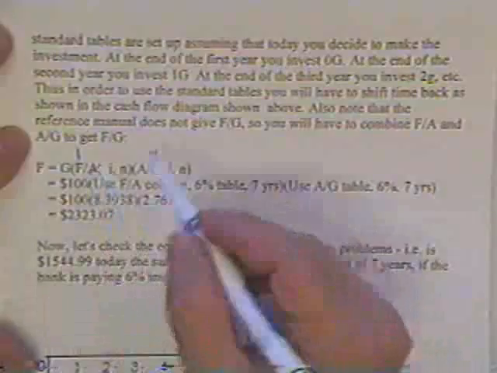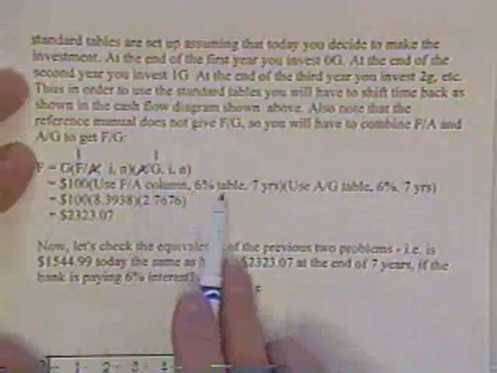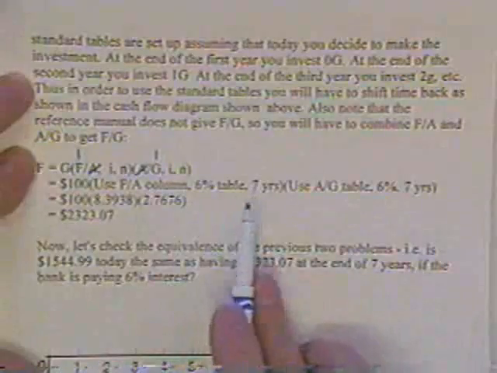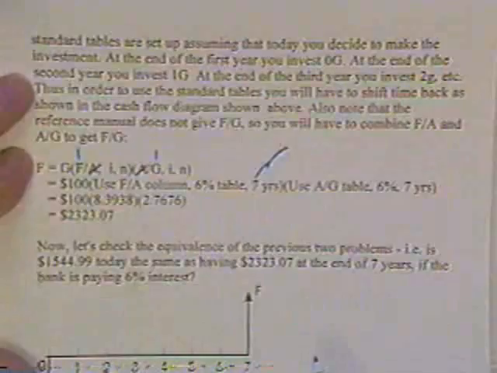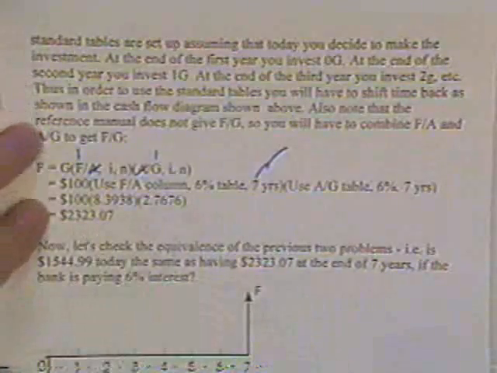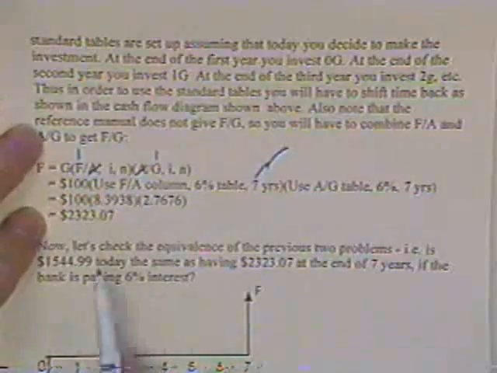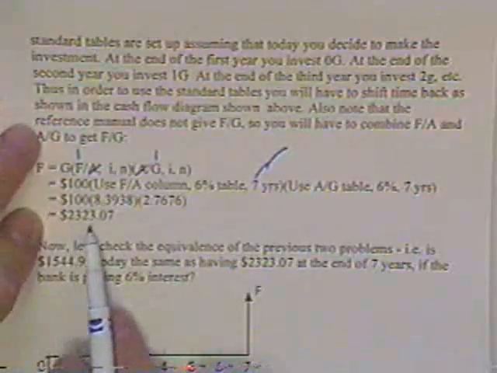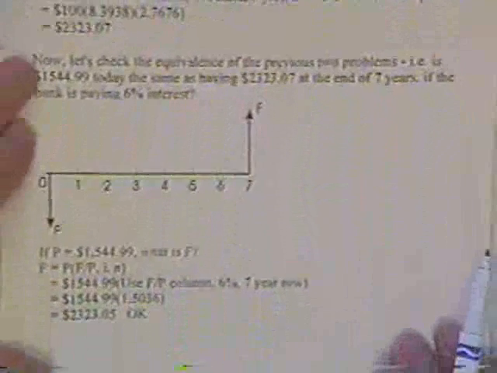The A will cancel the A, leaving you with F over G, which is what you want, and you'll notice the 7-year, not 5 years, as he's trying to trick you into thinking. You multiply those factors together, you find that if you make those cash investments in that fashion, you would be able to extract $2,323 at the end of that time.